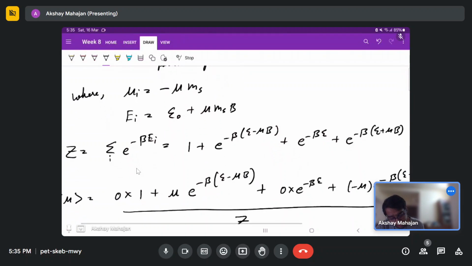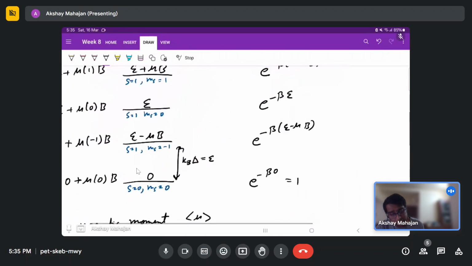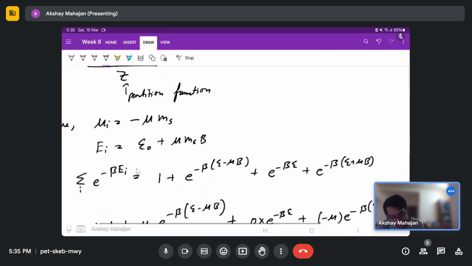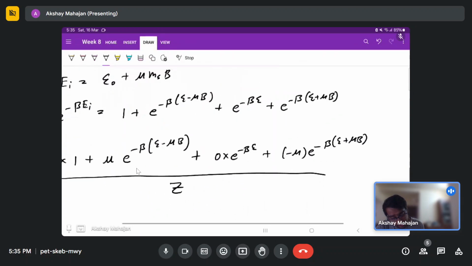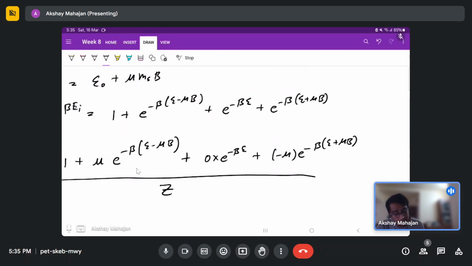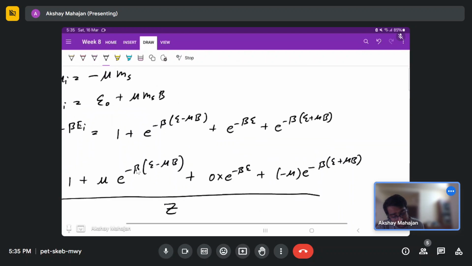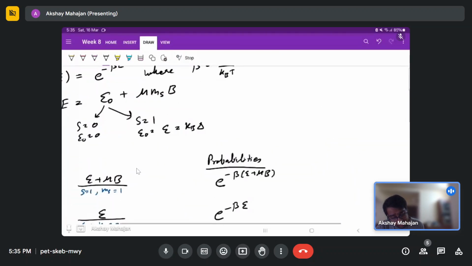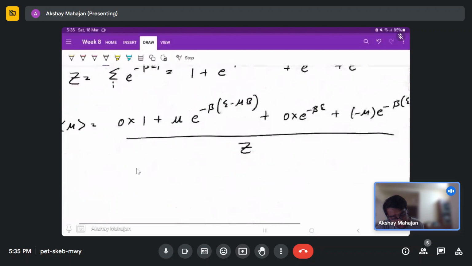So mu times the probability, e to the power minus beta (epsilon minus mu B). Same thing for m_s equal to 0, and then for m_s equal to plus 1, the magnetic moment is minus mu, and the probability is e to the power minus beta (epsilon plus mu B).